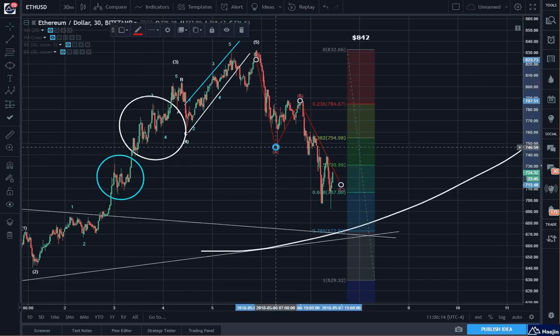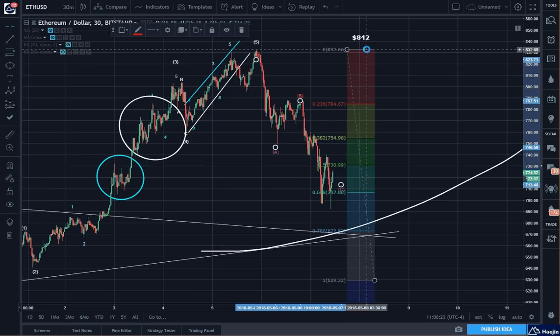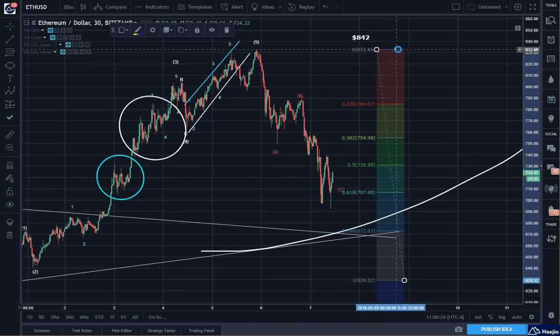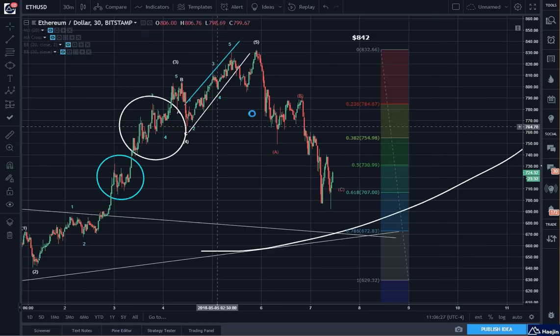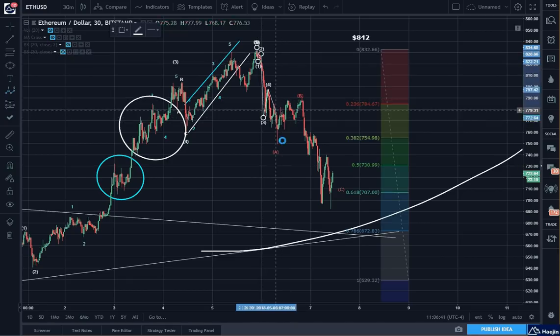If we do this, actually let's label the subwaves, because subwave labeling allows you to have a bit of a confirmation that the higher degree label you made, the ABC, is correct. So we have 1, small 2, 3, 4, and 5.